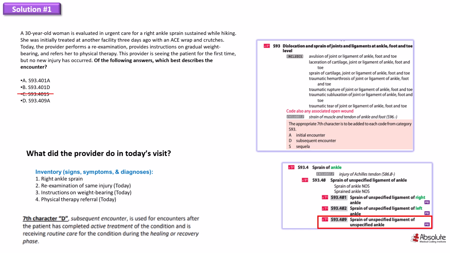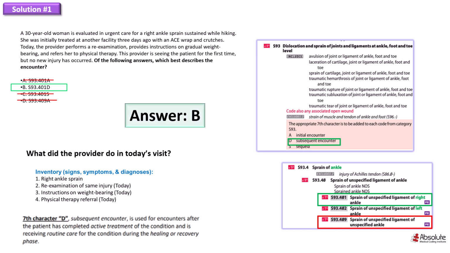So this is incorrect, and the correct answer will be S93.401, sprain of unspecified ligament of right ankle. Now all we have to do is select A or B, and it's based on the seventh character extender. We've already established that the subsequent encounter D extender is applicable, and the answer is B.